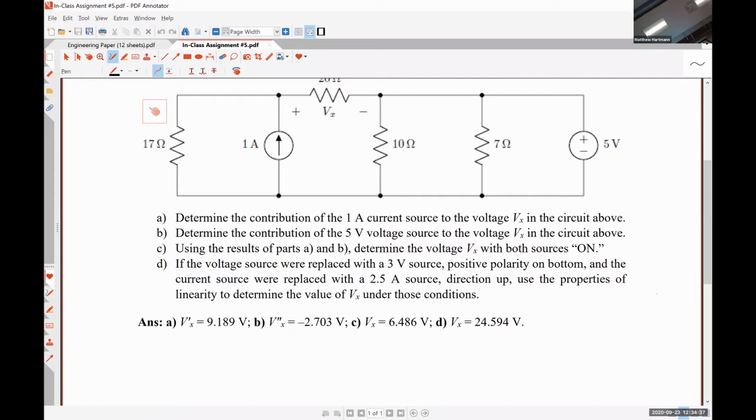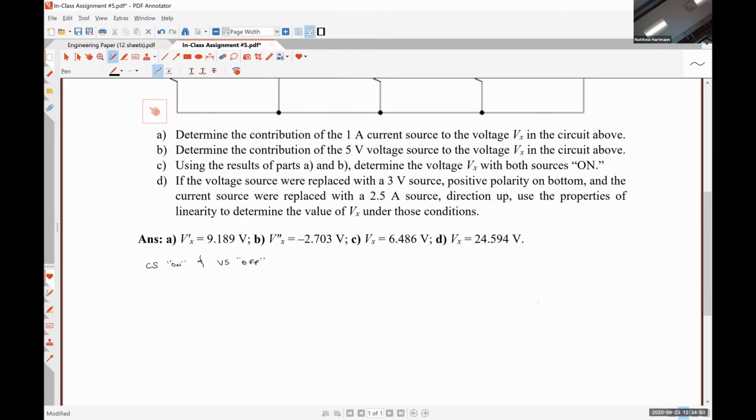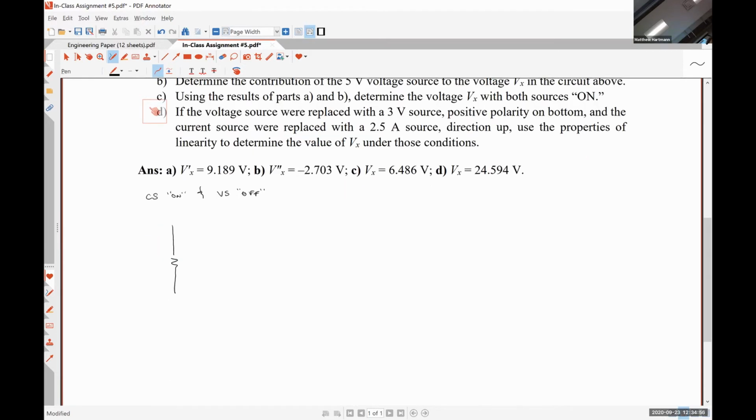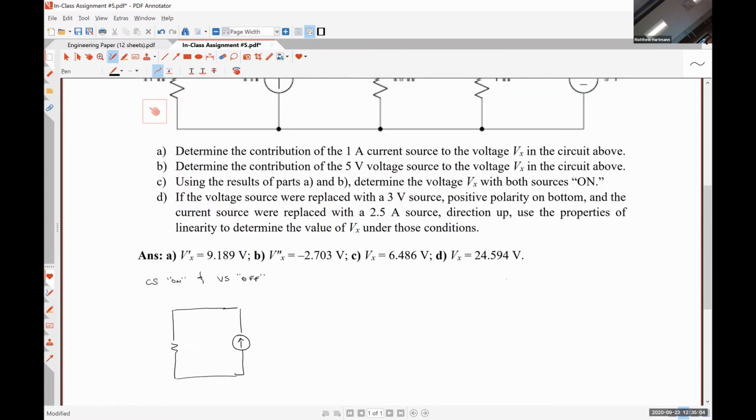So let's redraw the circuit. Let's start with current source on and voltage source off. So with our current source on, we are going to have our resistor in parallel with our current source, which is direction up.